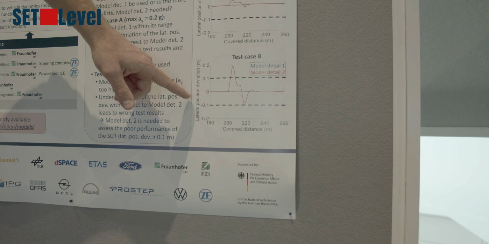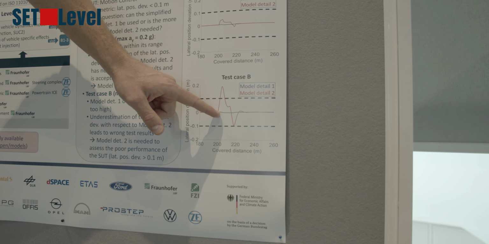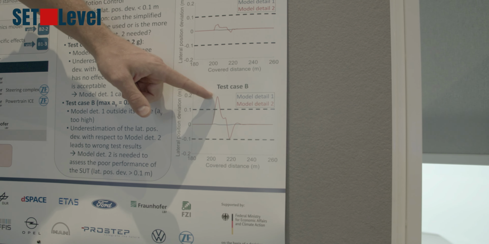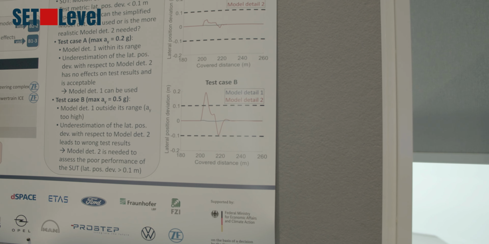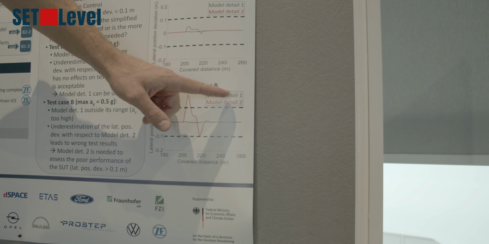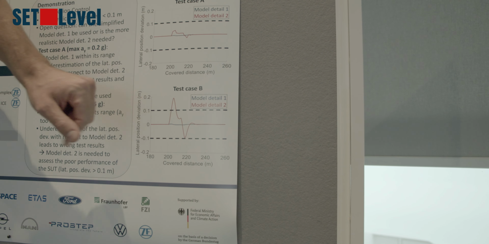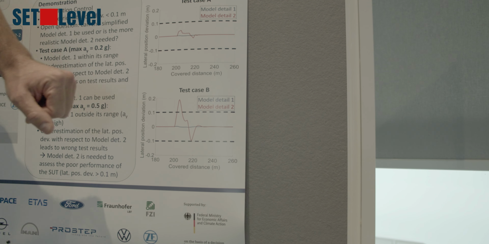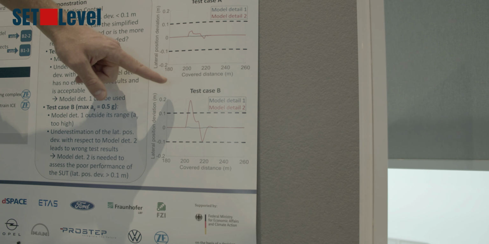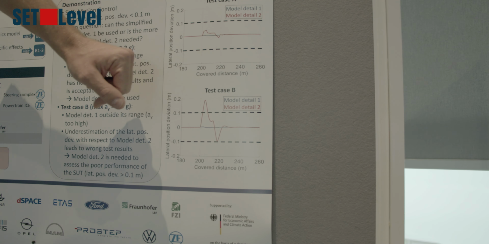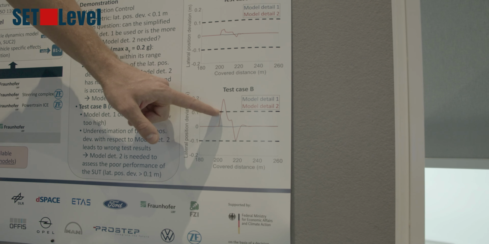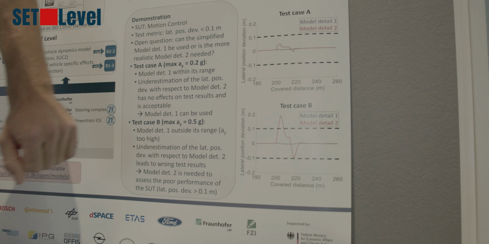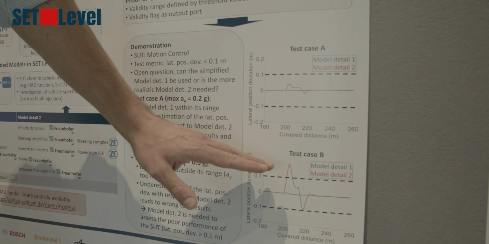We see in the results of the lateral position deviation that the underestimation by model detail 1 with respect to the more detailed model detail 2 is so high that, if we used model detail 1, we would say that the motion control function is validated, but instead it is not, because when we use the more detailed model, we see how the poor performance of the motion control leads to a lateral position deviation higher than the threshold value of 0.1 meter. So in this case, we need model detail 2, otherwise we are not able to assess this poor performance.